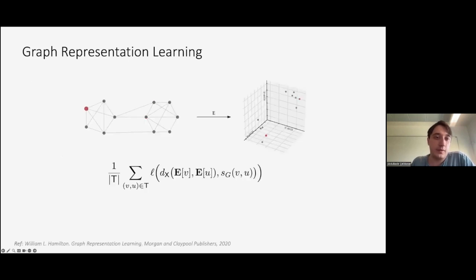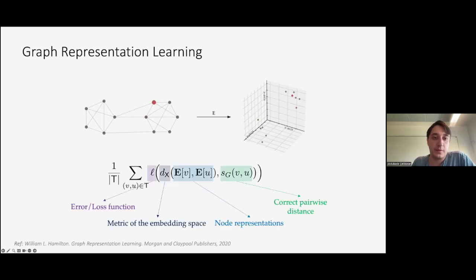More formally, we would like to learn the embeddings of nodes U and V such that the distance in the embedding space between U and V should be close to the user specified distances. By optimizing this loss function L, we learn the embeddings of nodes U and V, and these embeddings can later be used to perform predictive tasks on the networks like node classification or link prediction.